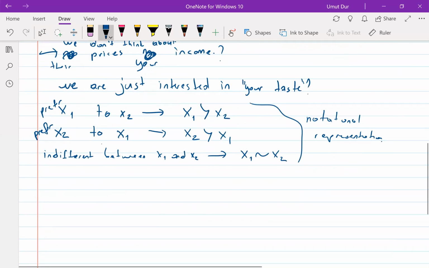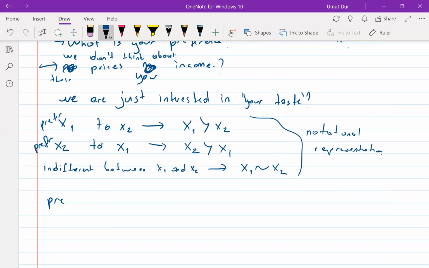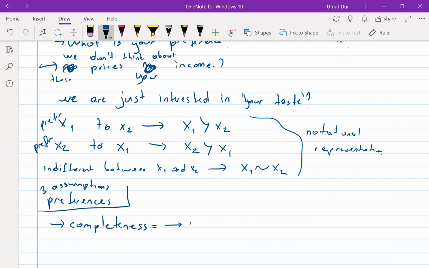Last time we said that we will have 3 assumptions on preferences, and the first one is completeness. This means you can rank any 2 bundles.